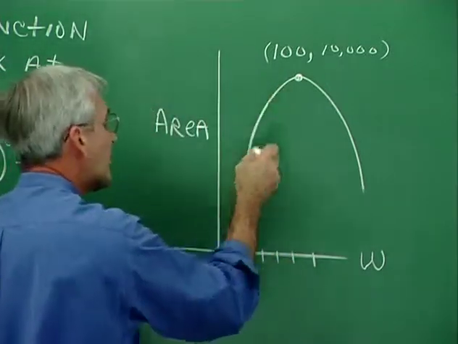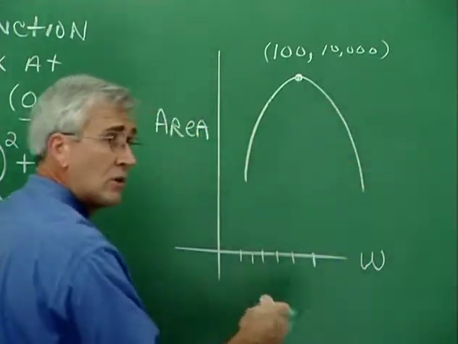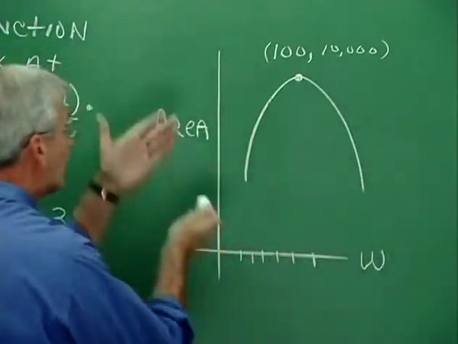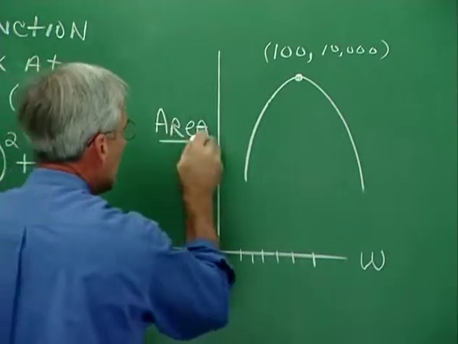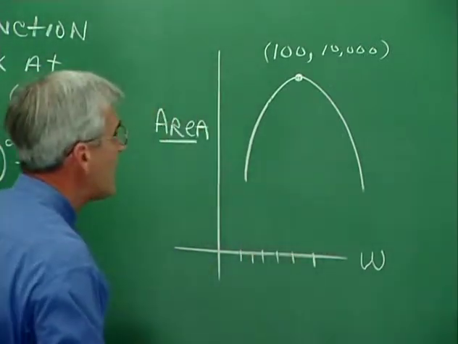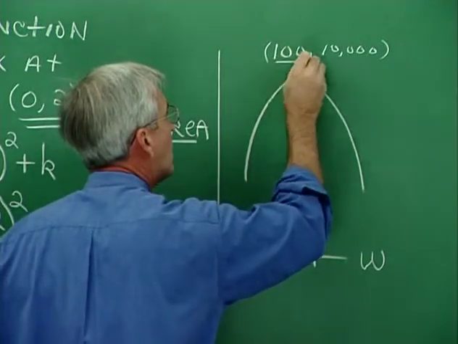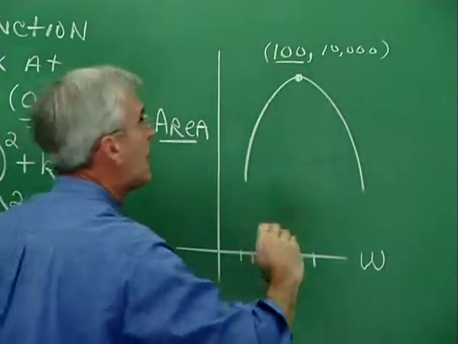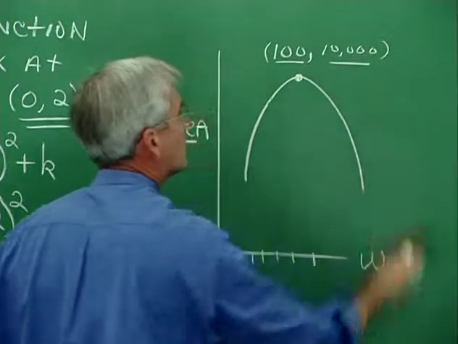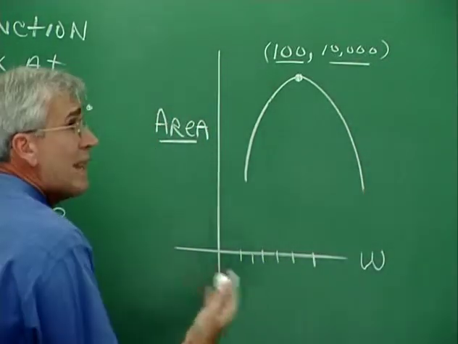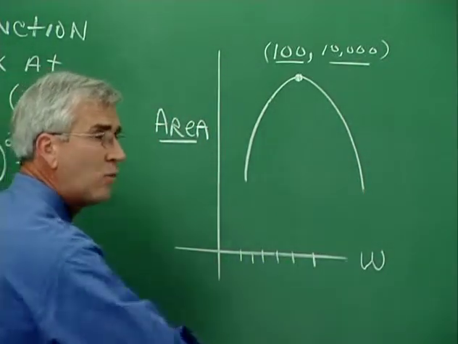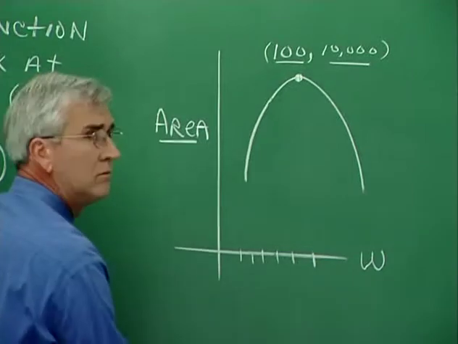For a width here, we have an area. For a width here, we have an area. So horizontal distances are widths, vertical distances are areas. That's really important to understand here because this is the point where a width of 100 gives a maximum area of 10,000.